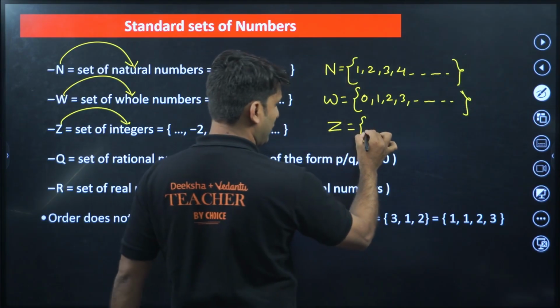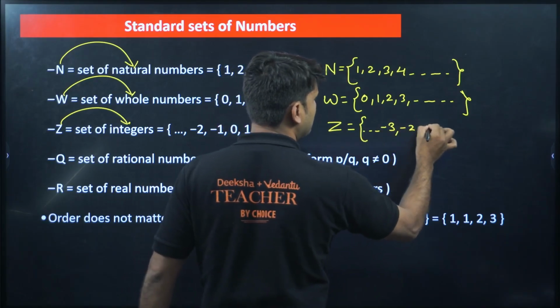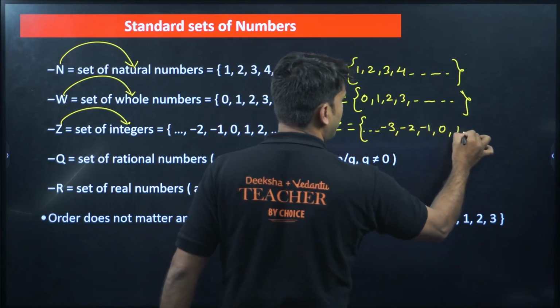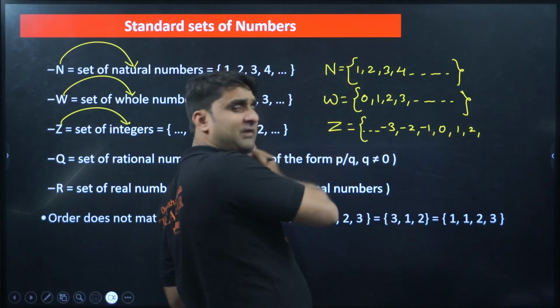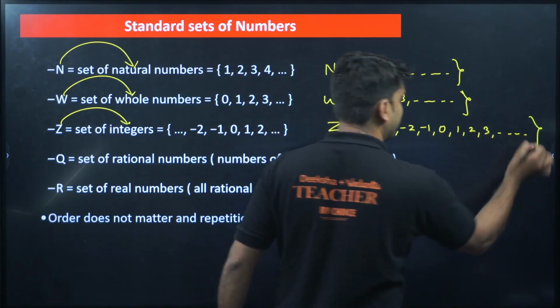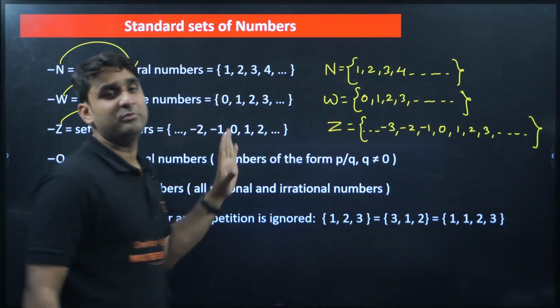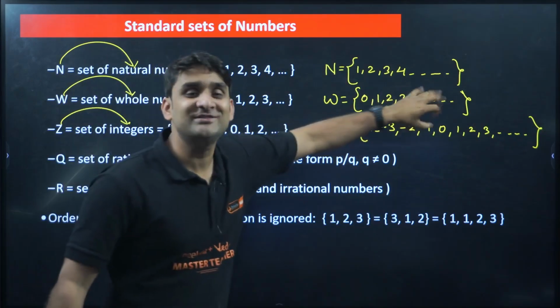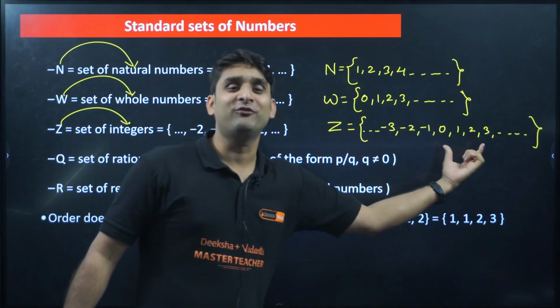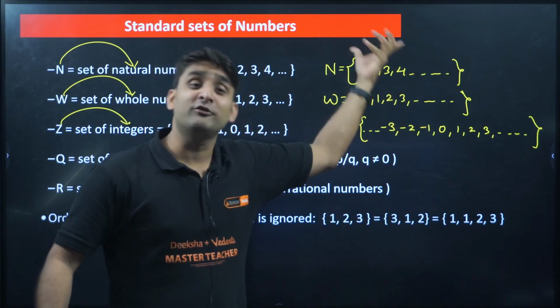So dots will come, and let's start with -3, -2, -1, 0 will come, then positive values on the right side, negative on the left side, 1, 2, 3 and so on till positive infinity. So Z will represent integers. This is called a set, because this is the collection of all the integers, this is the collection of all the whole numbers, this is the collection of all the natural numbers.